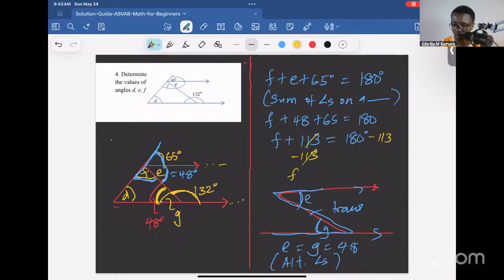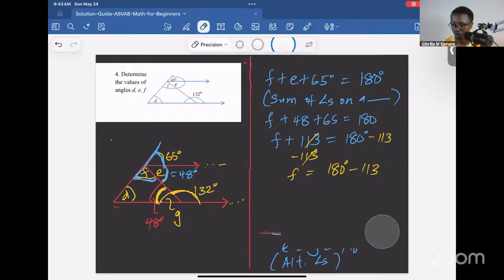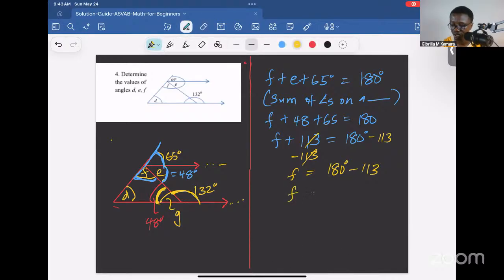This and this goes, so my F is equals to 180 minus 113. So your F becomes, you subtract 113 from 180. That gives you 67 degrees. So that is your F value.